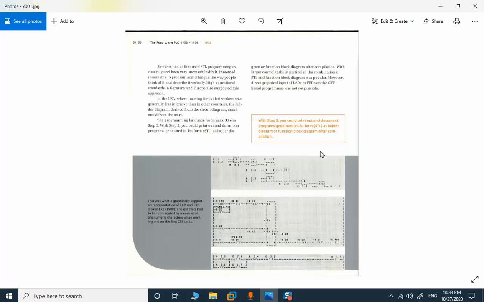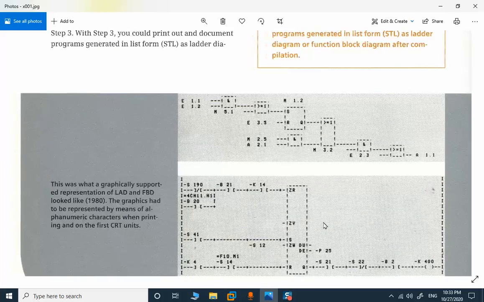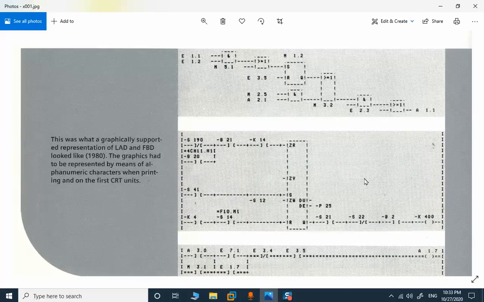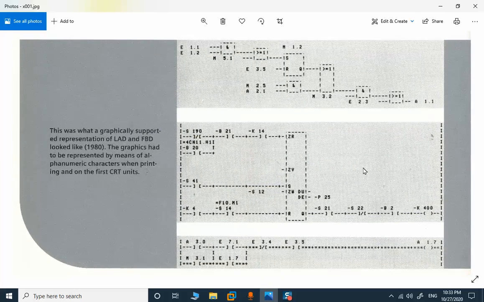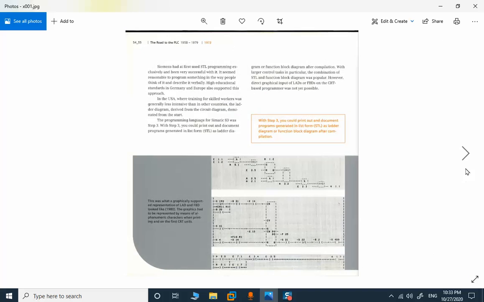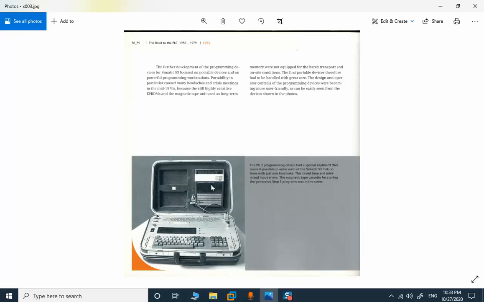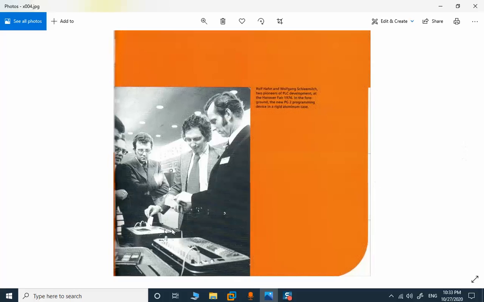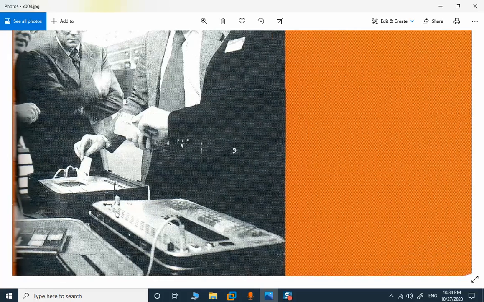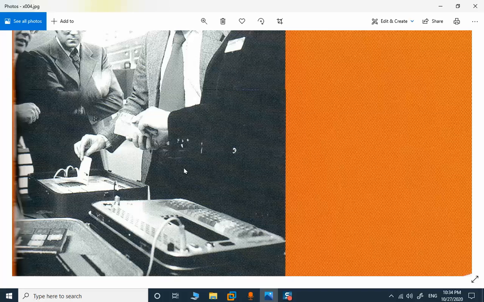And the earlier version of the FBD and ladder programming, the first PG programmers, is what they used to program S5 controllers.